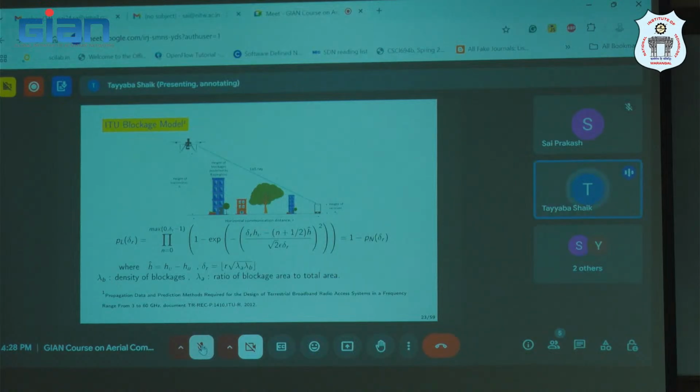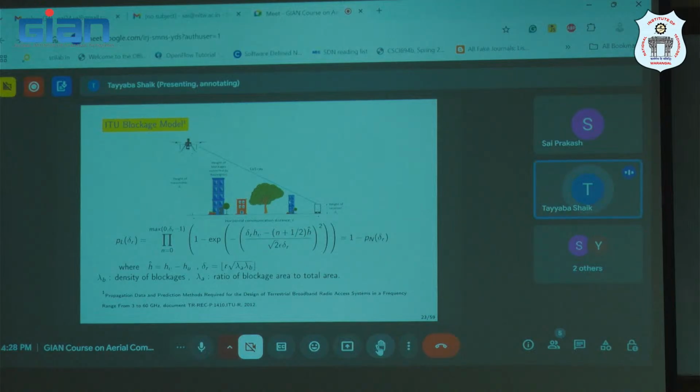Once you have that probability, you can view it as a Bernoulli random variable with probability P. Suppose the link is between the UAV and the user on the ground, and given all these parameters, you have a probability, say 0.5. With 50% probability, the link is in line of sight, and with 50% probability, it is in non-line of sight.